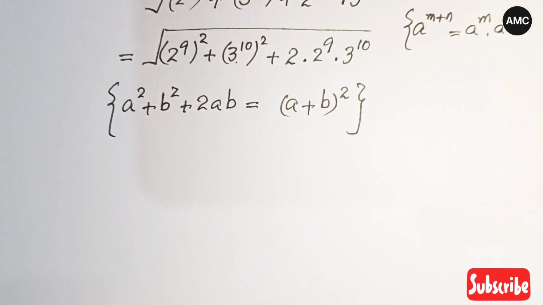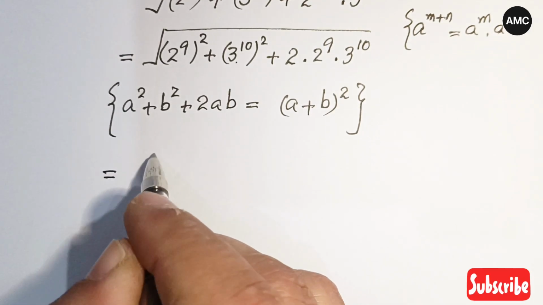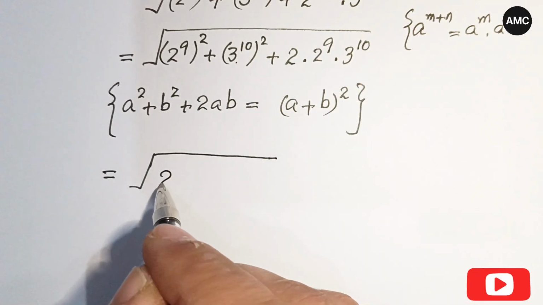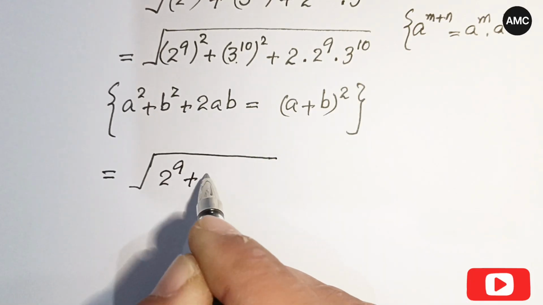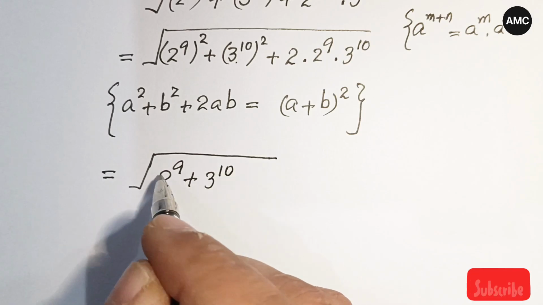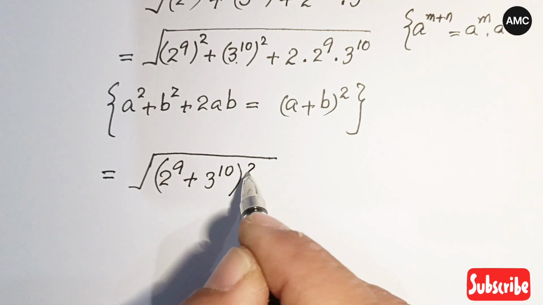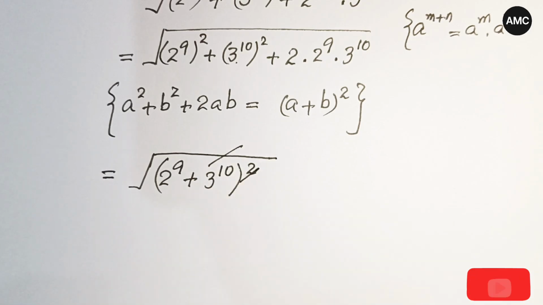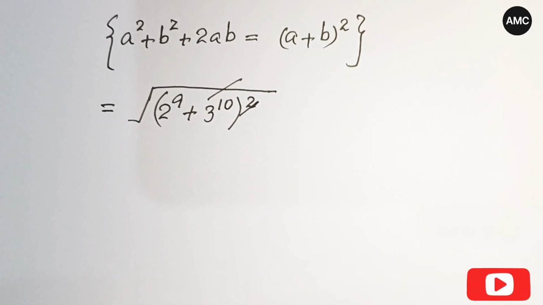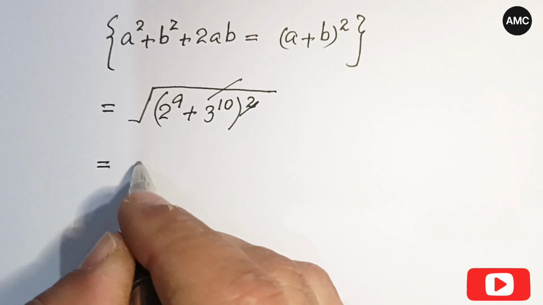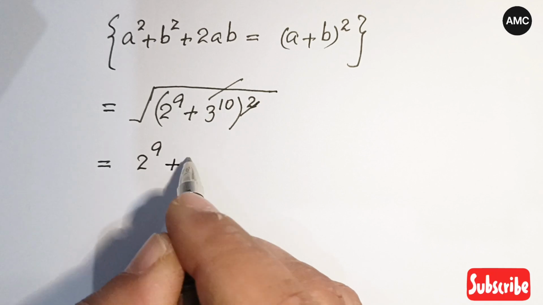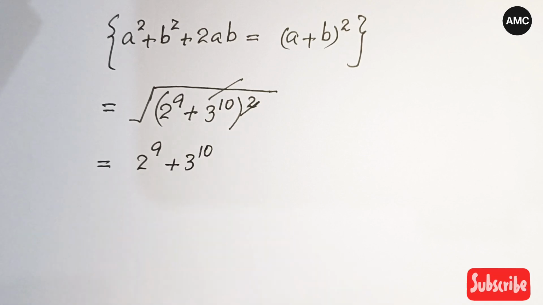So the square root of this whole expression is equal to 2 to the power 9 plus 3 to the power 10 whole squared. Now this square is cancelled out with the square root. We get 2 to the power 9 plus 3 to the power 10.